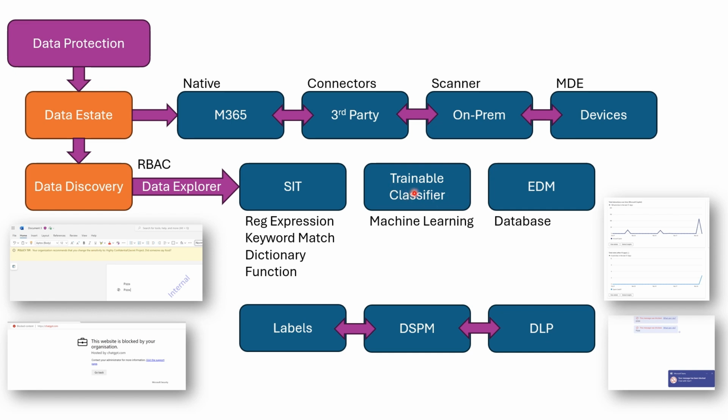Then we've got trainable classifiers, which is similar to the way SITs work in essence, but rather than looking for data or metadata within a particular document, we're actually looking for the document itself, right, and the document's fingerprint. So that could be maybe a patent template of some sort. It could be a new starter form. It could be a leaver form. It could be a change of job role request form. It doesn't really matter.